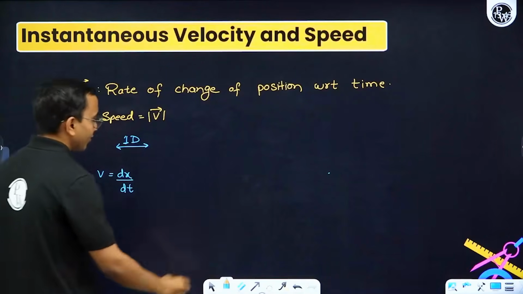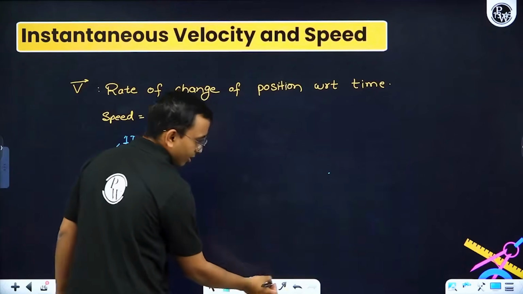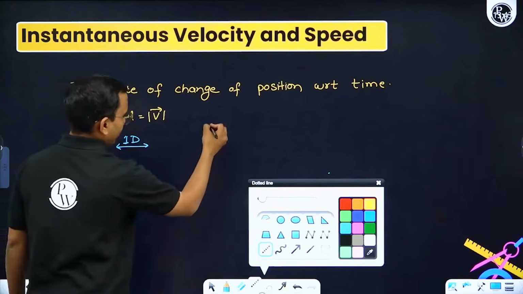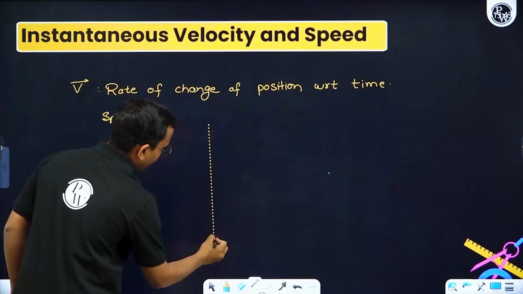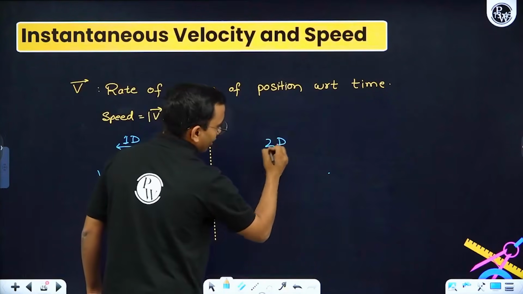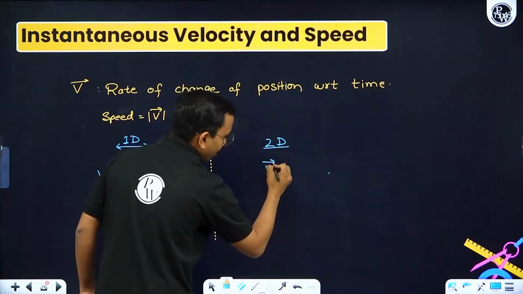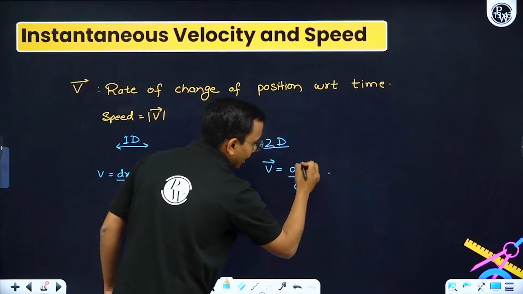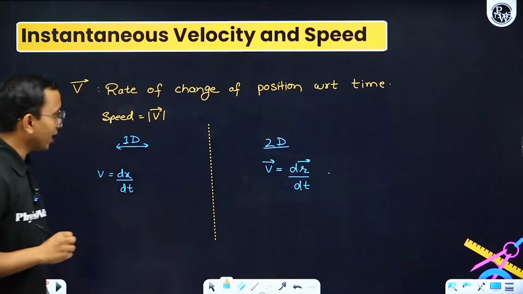And if I write for 2D, velocity is rate of change of position. There is my position vector, so dr by dt.